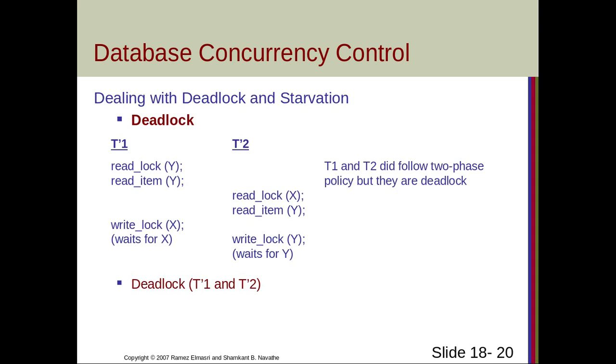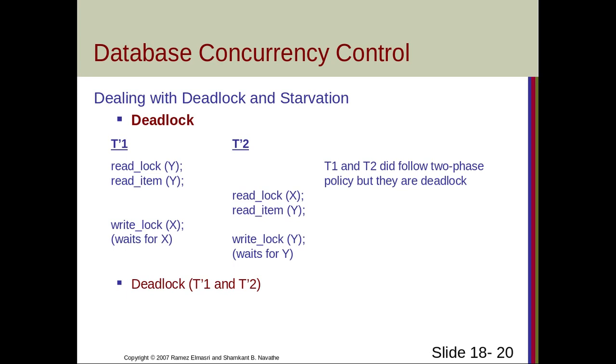Now we are dealing with deadlock and starvation. Deadlock means one transaction has acquired a lock and is waiting for another lock, and some other transaction is also acquiring one lock and waiting for another.